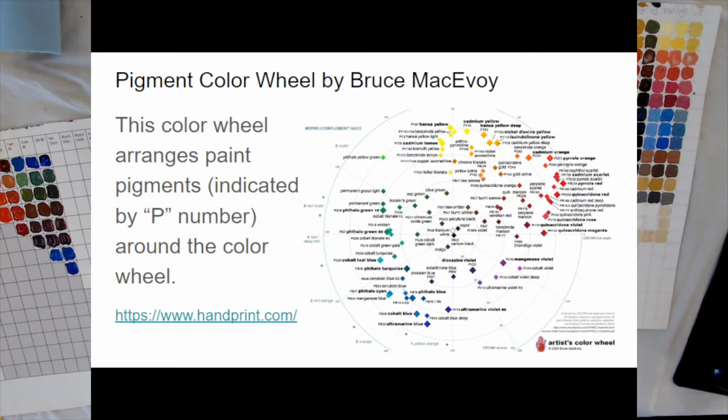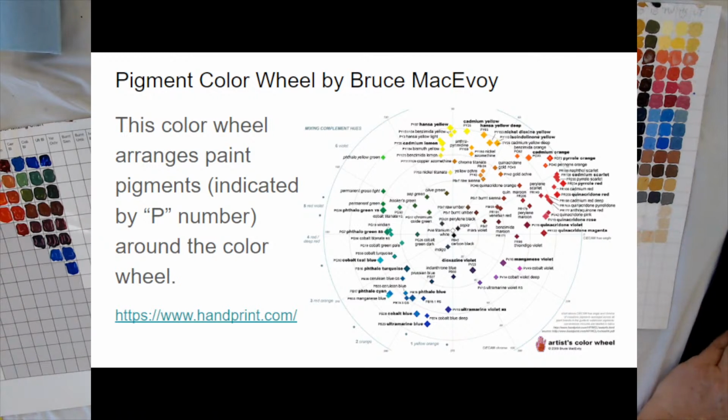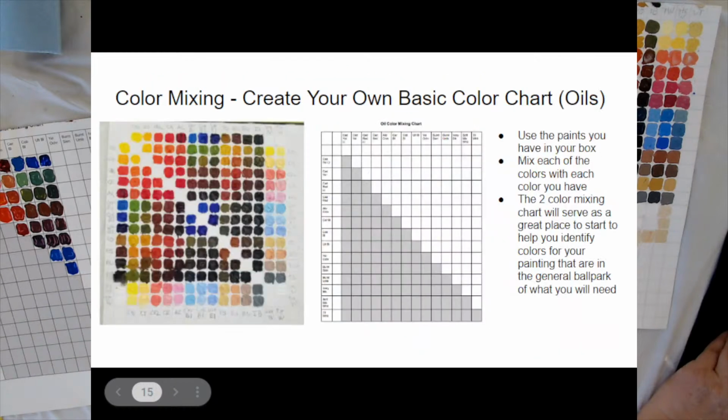And it's because of the way the pigments lean, and understanding that helps us with our color mixing. You can download this graphic. I list the website, it's handprint.com, and that's the author of that website. And again, I need to send you guys a link to this presentation so that you can see.